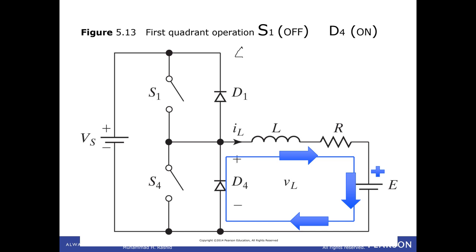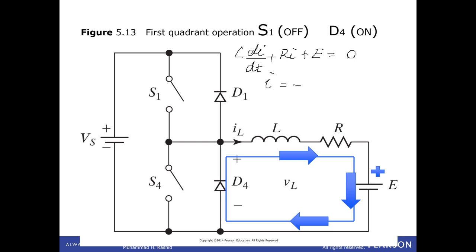L di/dt plus Ri plus E is equal to 0. E is equal to what?